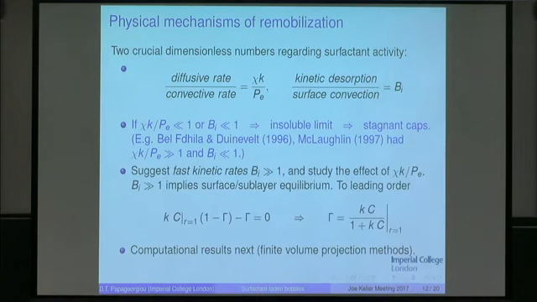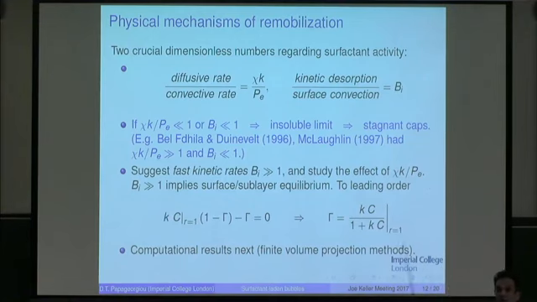Okay, so since I'm running out of time, let me tell you what the idea is, and I'll show you some results. So the idea is that if you can find surfactants with large Biot numbers, so very, very fast kinetics compared to convection, so they can go on and off very quickly, in particular infinite, say, then mathematically I can solve for the gamma in terms of the C, and study what happens as this parameter varies.